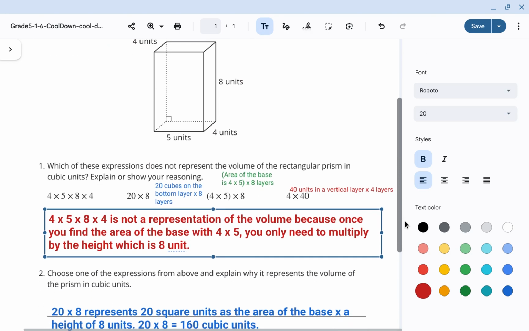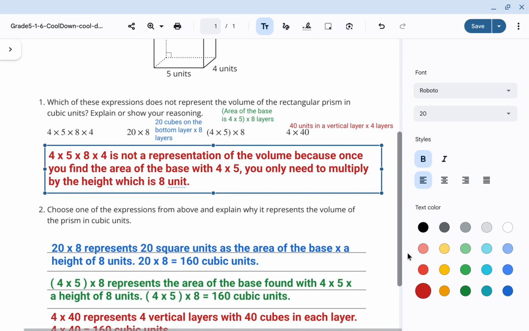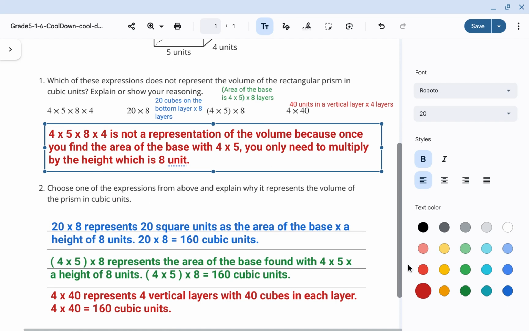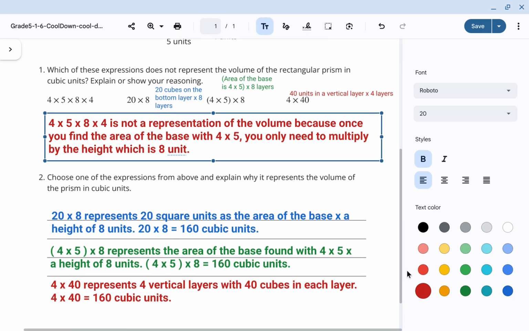Now, when we go down to number 2, number 2 says that we're going to choose one of the expressions from above, and we're going to explain why it represents the volume of the prism in cubic units. Now, you'll notice my color coding.